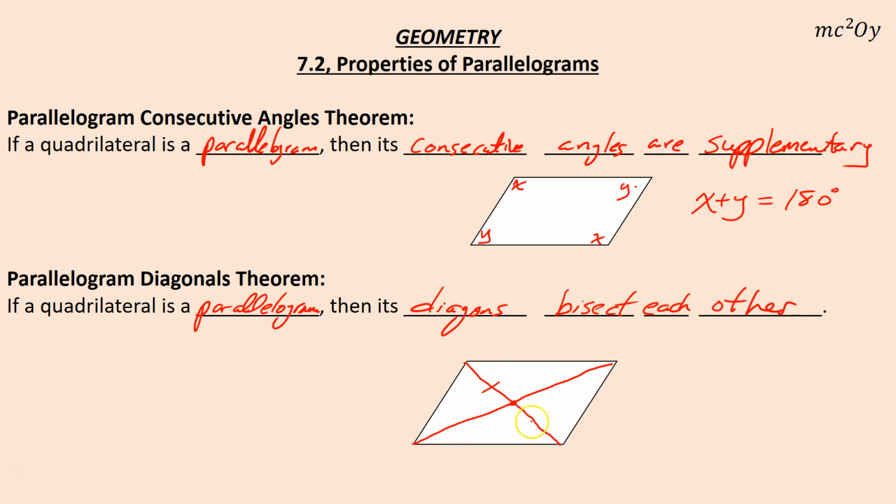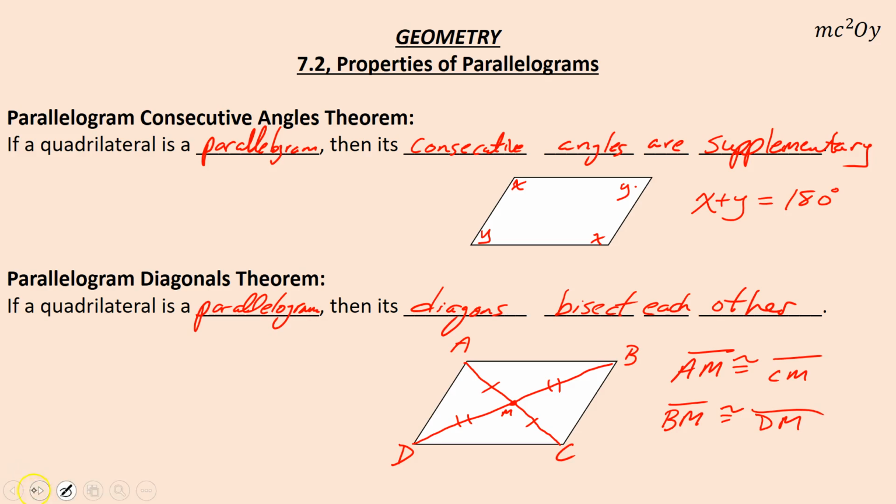So that would be congruent to that, that to that, and that to that. If we were to label some points here, we'll call that M, maybe A, B, C, and D, because we're creative like that. We'll say that AM is congruent to CM, and that BM is congruent to DM. All right, there we go.